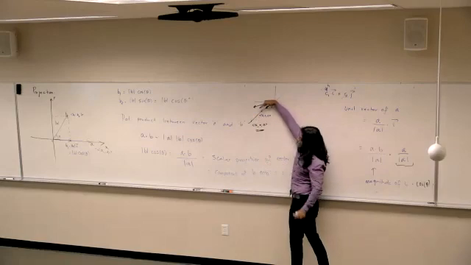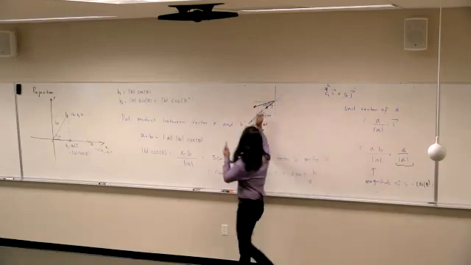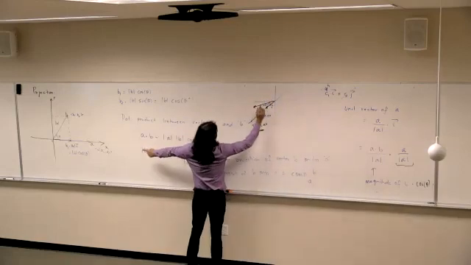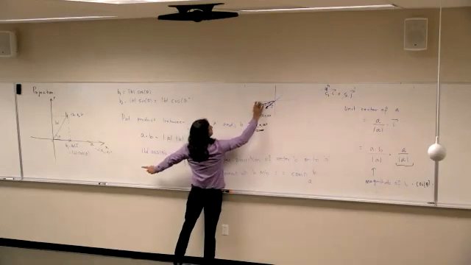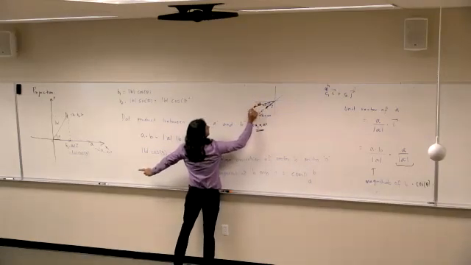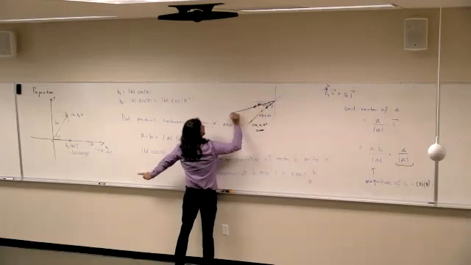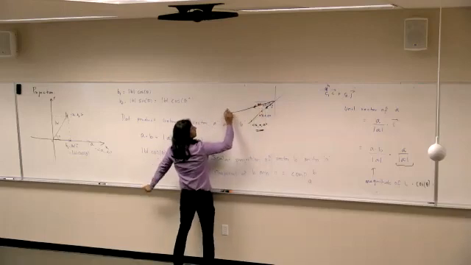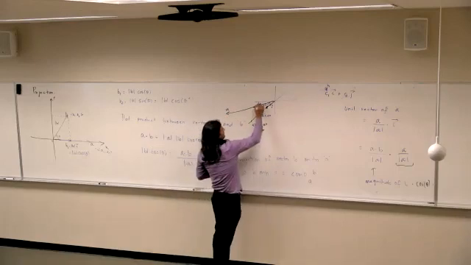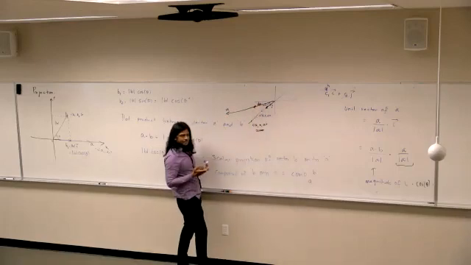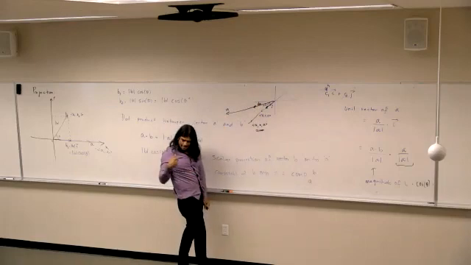So hypothetically, if that is one vector, call it A. I can say that B is in the direction of A, yes?